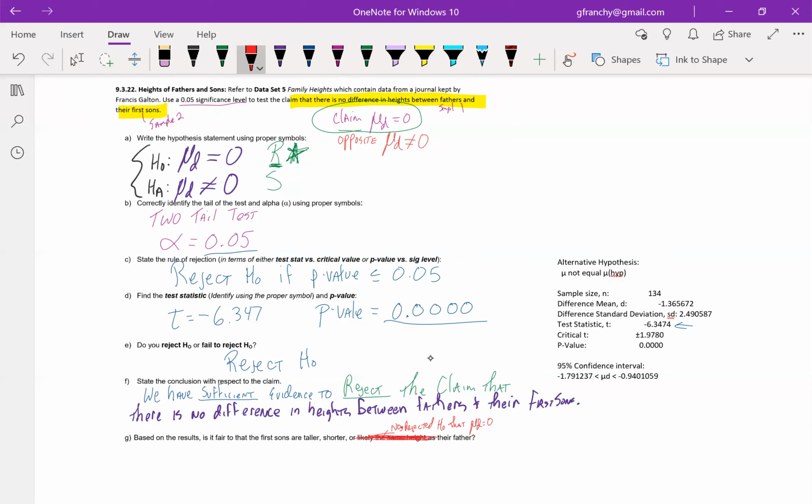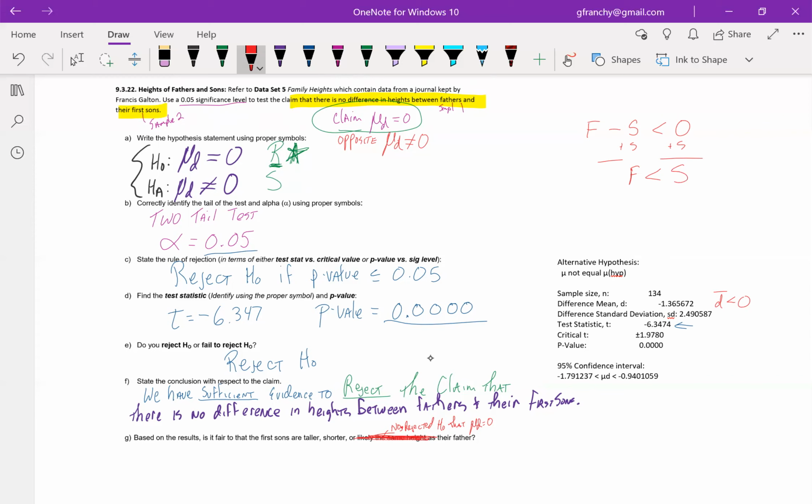And we ended up with the mean difference being less than 0. Well, the way that we were computing the differences is we had the father's height minus the son's height. And we saw that that was less than 0. And that's only going to happen when the fathers are shorter than their sons.